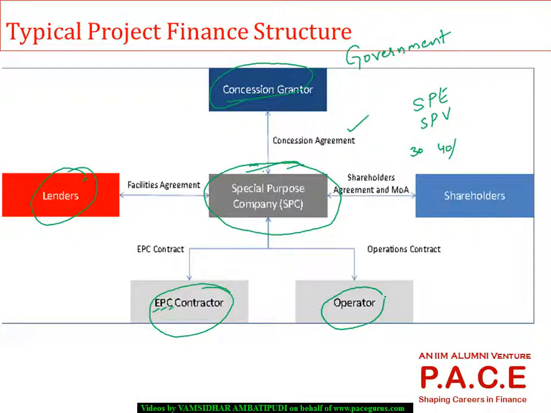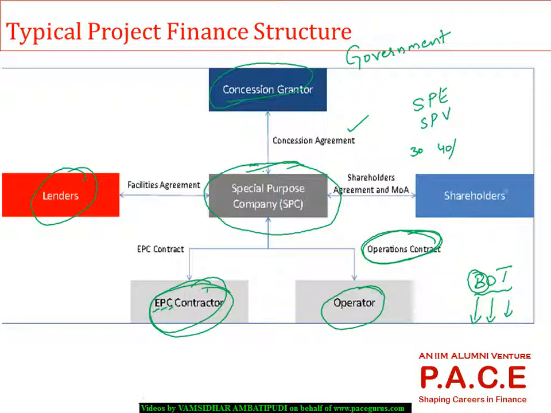It could tie up with the operators to get into an operations contract, because typically a simple project might be a BOT kind of project, where there is build, operate and transfer. So for building the entire project, the SPV may tie up with an EPC contractor. For doing the operations of the project, probably with some kind of an operator, the tie-up could very well happen.